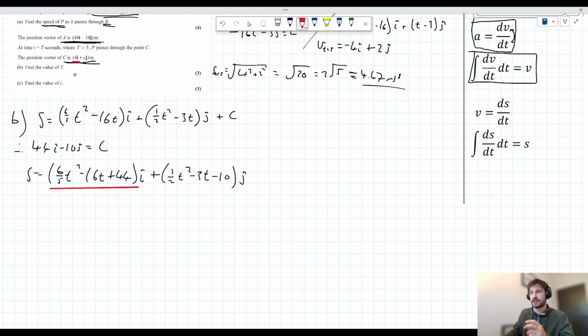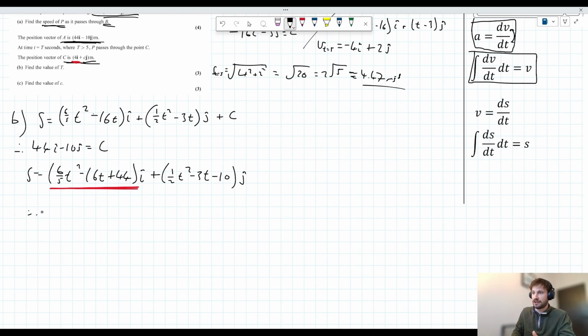Since the i coefficient at point C is 4, when lowercase t takes a value of uppercase T, this is equal to 4. I trust that that makes sense.